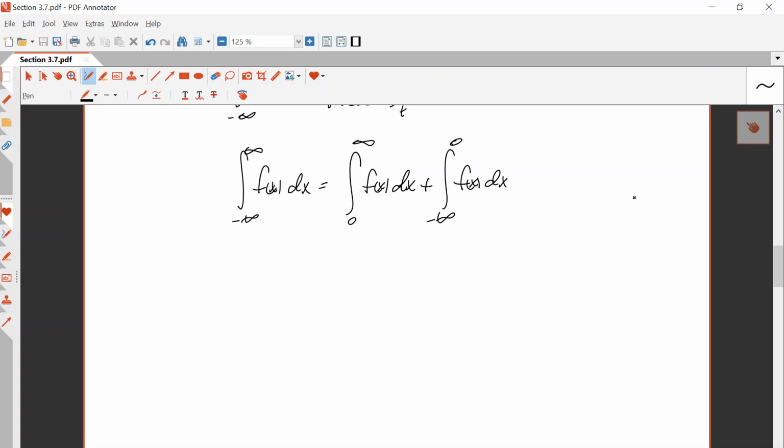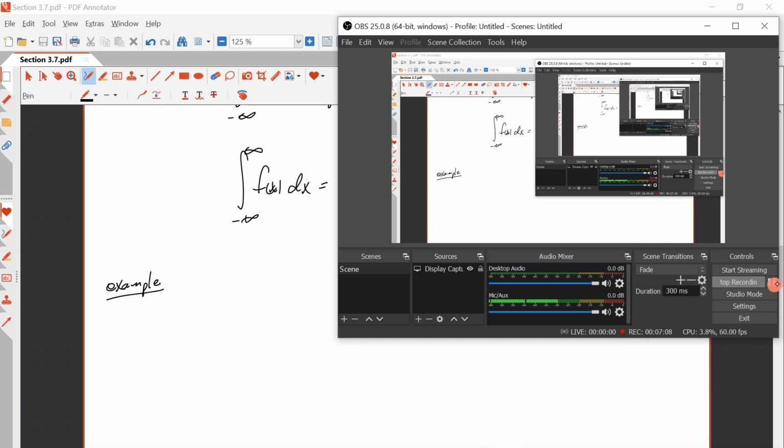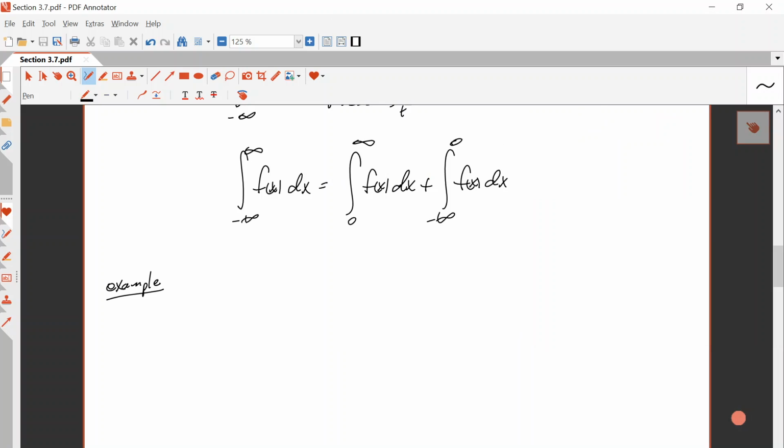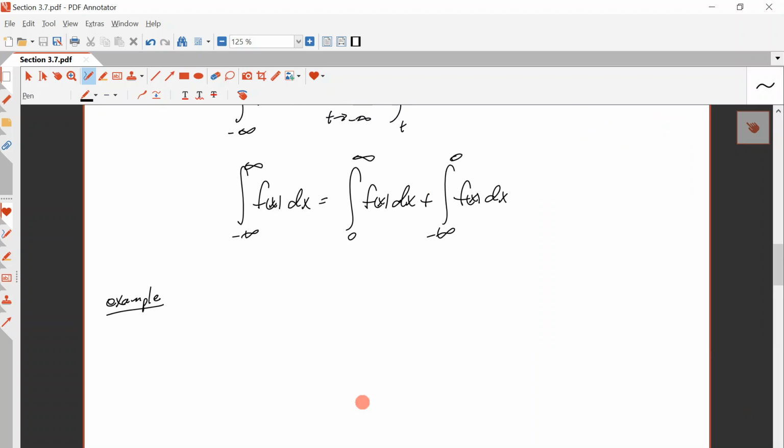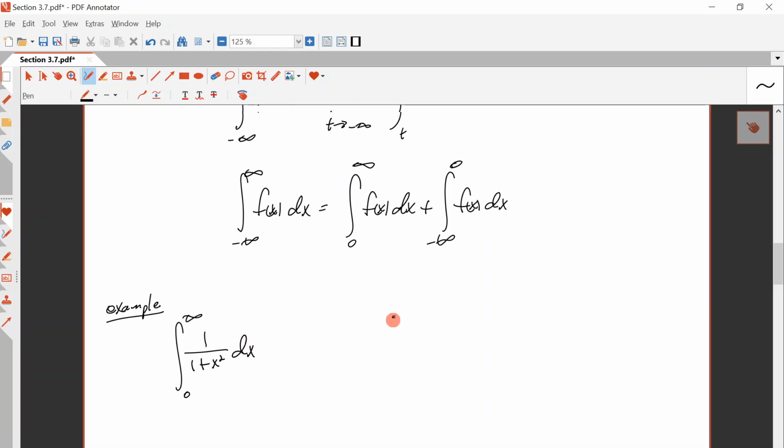Okay. So let's take an example. For example, we'll do the integral from 0 to infinity of 1 over 1 plus x squared dx.